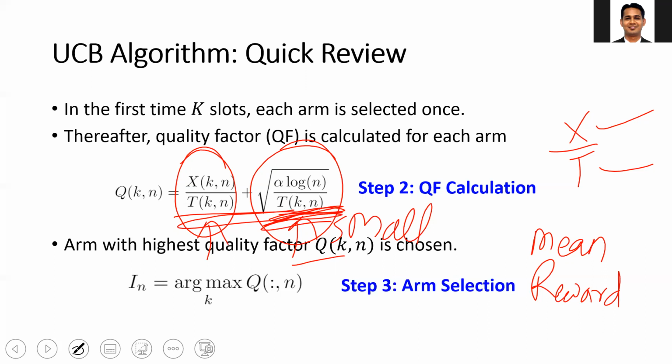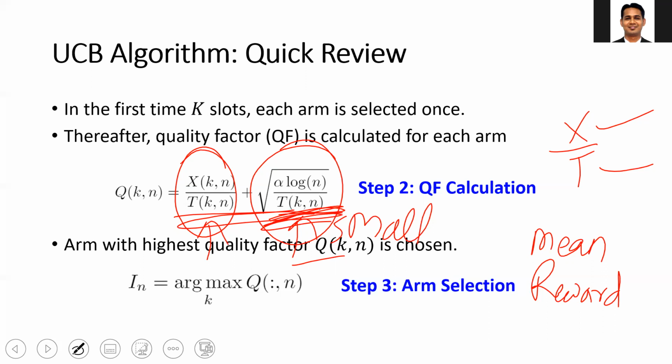So you can see that this is a parallel computation. You are calculating the quality factor of each arm in parallel, and then you select the arm which has the highest quality factor. So you need to compare all the quality factors and find out the arm which has the highest quality factor.